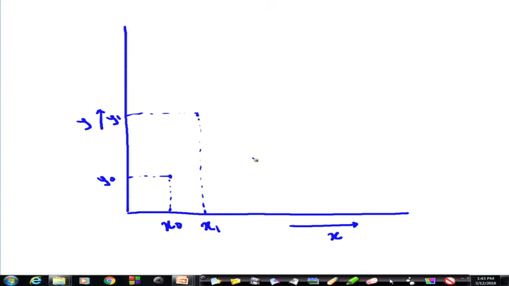Here maybe it has come down, sorry, x 2, it is y 2.